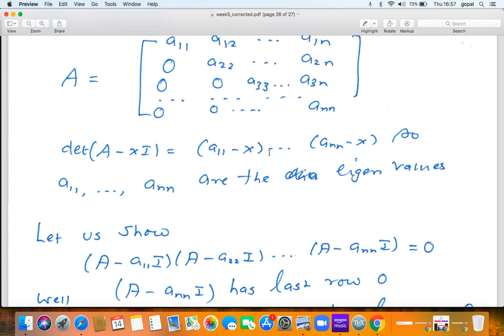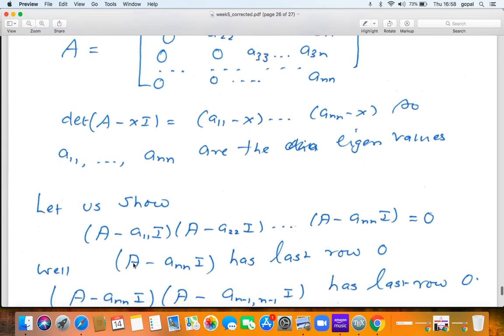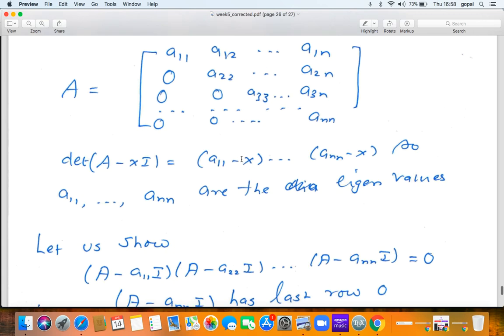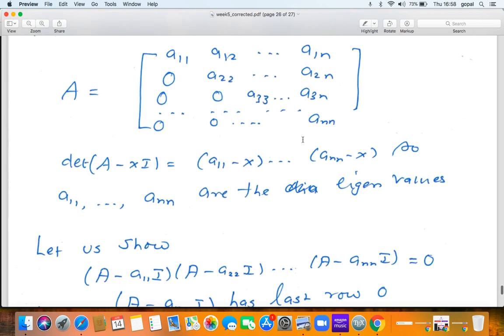We have to show that capital A minus a11 I into capital A minus a22 I dot dot dot capital A minus ann I is 0. So let us start with the last one, capital A minus ann I. If I subtract ann times I from this matrix, what is going to happen to the last row?